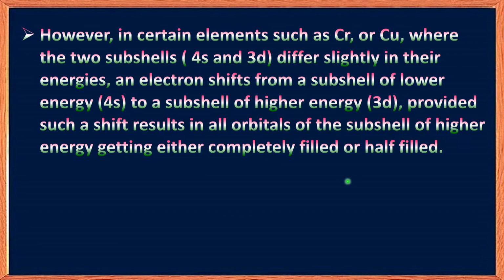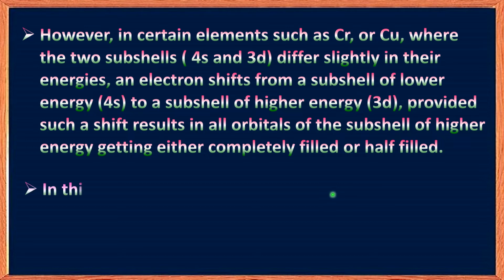That means if an atom has completely filled d orbitals or half filled d orbitals, then it has been found that there is extra stability associated with those electronic configurations. So in order to get extra stability, chromium and copper will have abnormal electronic configurations compared to the usual ones.